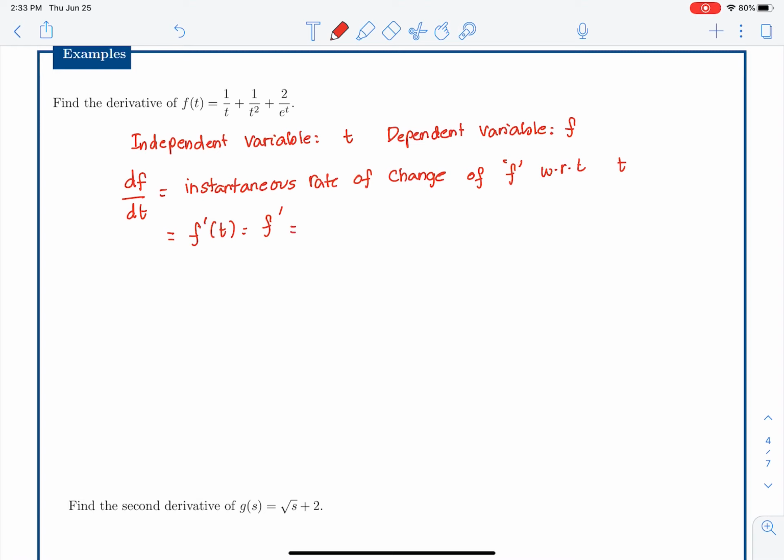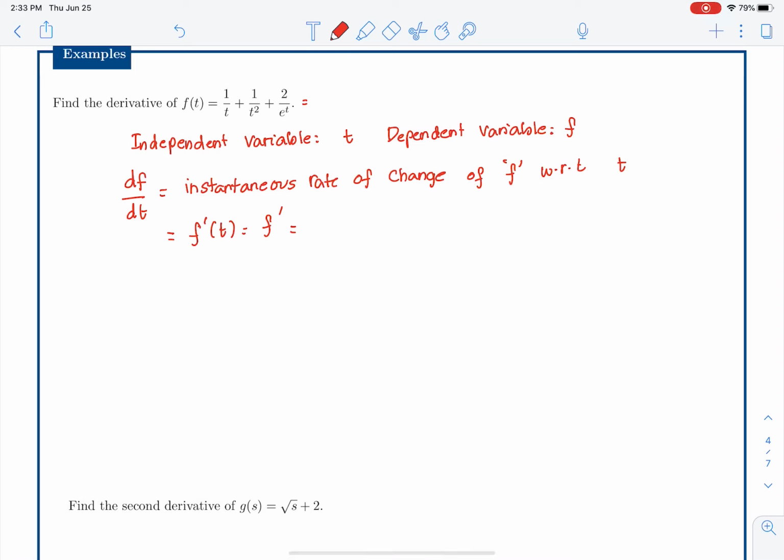And you may say, well, we did the rule for polynomials or powers, and how do we go about doing this? These aren't polynomial functions, or this is not a polynomial function. You're absolutely correct. So we have to do a bit of algebra here. So we have 1 over t.